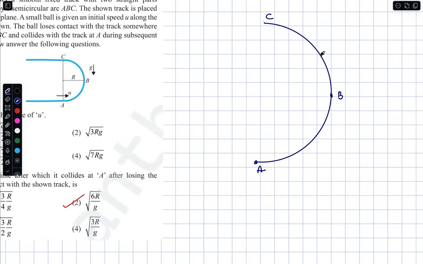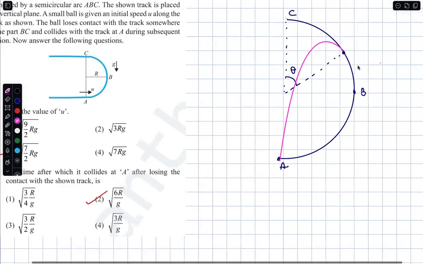This is B. Somewhere here, theta, you are deviating from the path. You want what condition is that? It should follow a parabolic path so that it reaches A. This is the first stage of understanding the question.